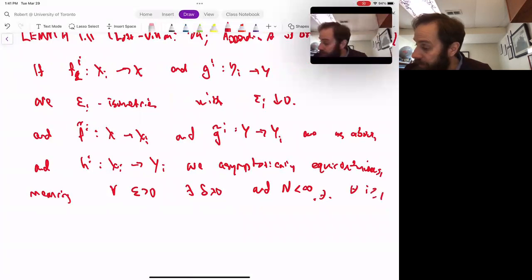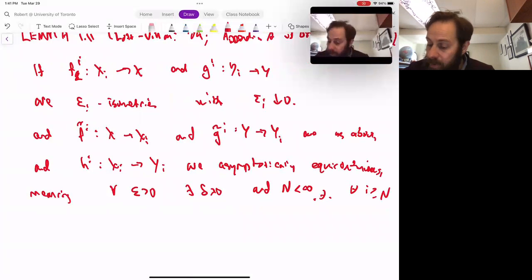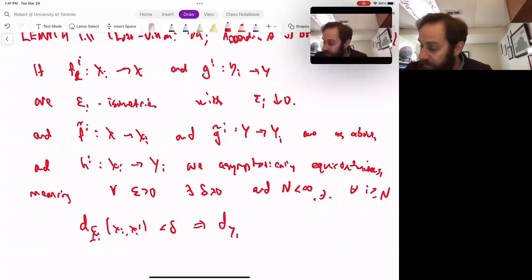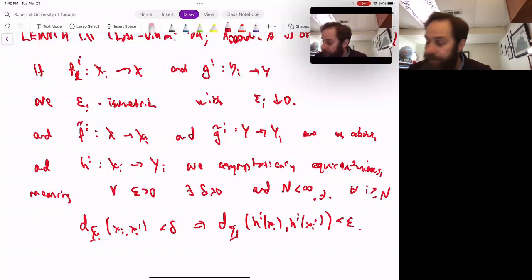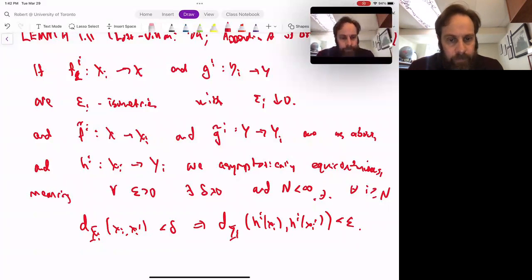whenever i is bigger than n, the distance in X_i of, let's say, x_i to x_i prime less than delta implies the distance in the Y_i's of H_i of x_i to H_i of x_i prime will be less than epsilon. So in particular, these H_i's don't need to be continuous maps.